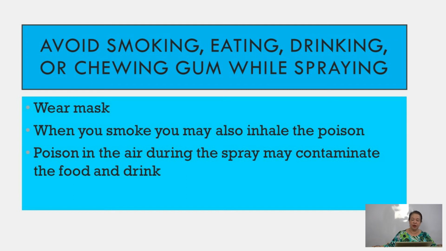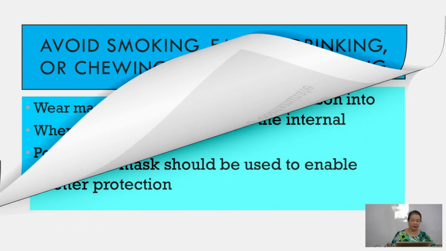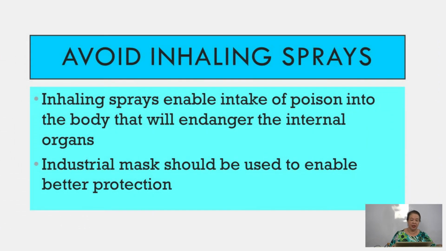And when you smoke, you may also inhale the poison. Poison in the air during the spray may contaminate the food and drink. That's why you have to avoid eating while spraying. Avoid inhaling sprays. Inhaling sprays enables intake of poison into the body that will endanger the internal organs.